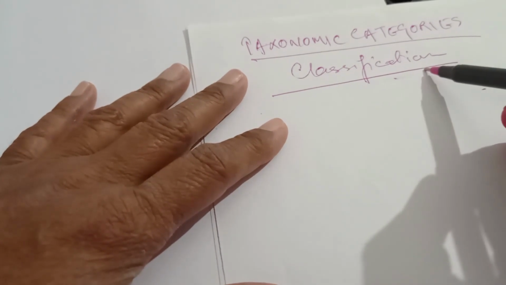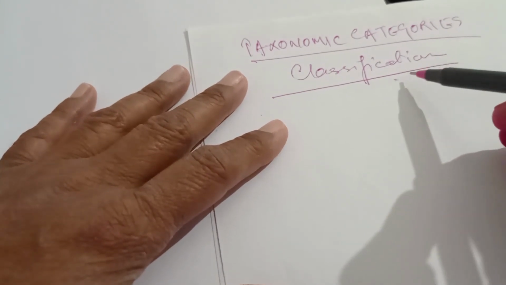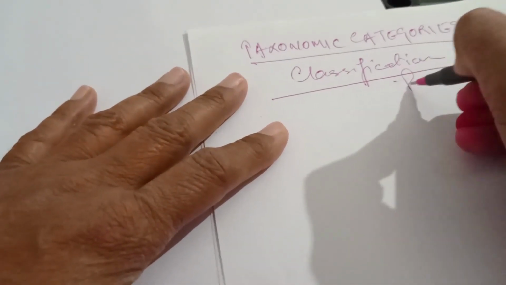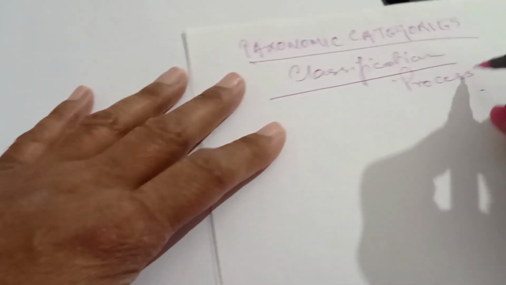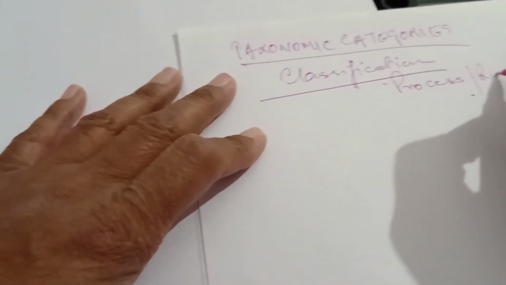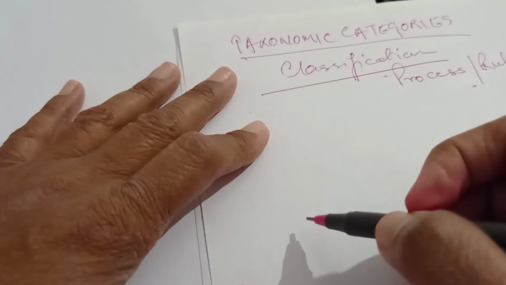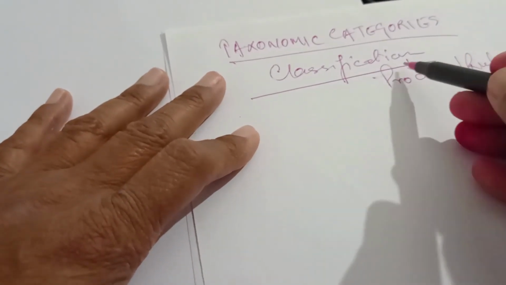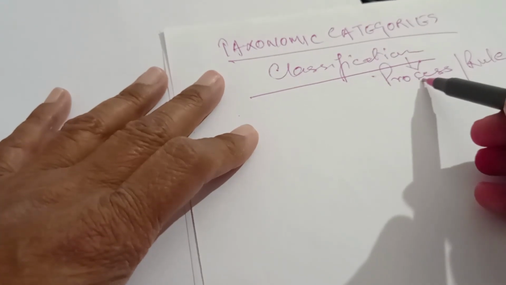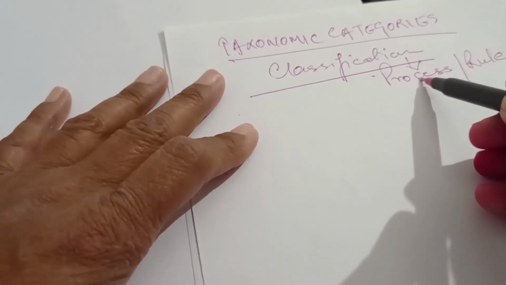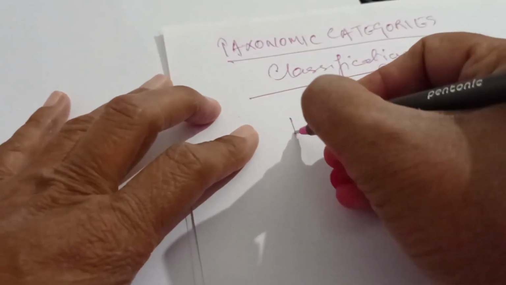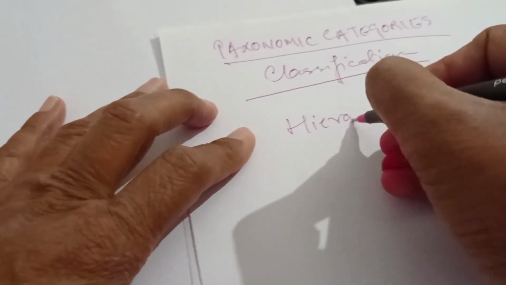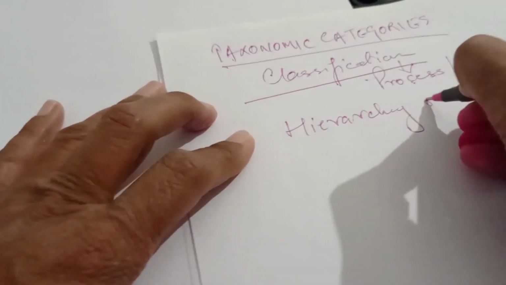There exists a need of classification, and there is some process or method or rule of classifying them. So this process of classification of living organisms involves a hierarchy of steps.